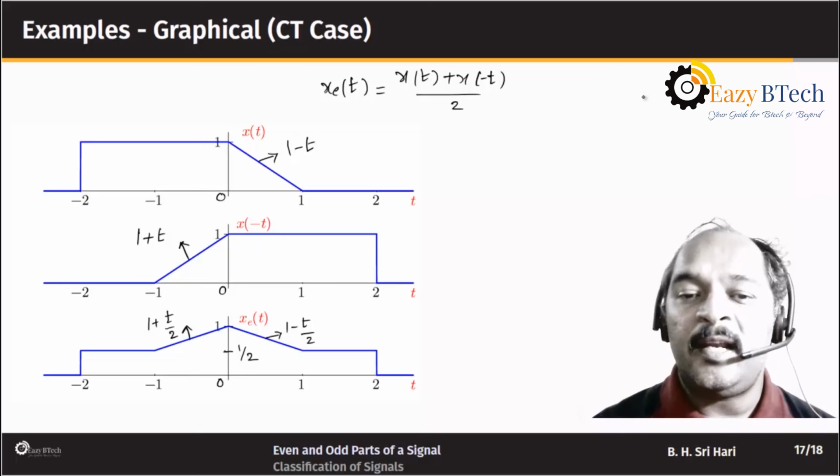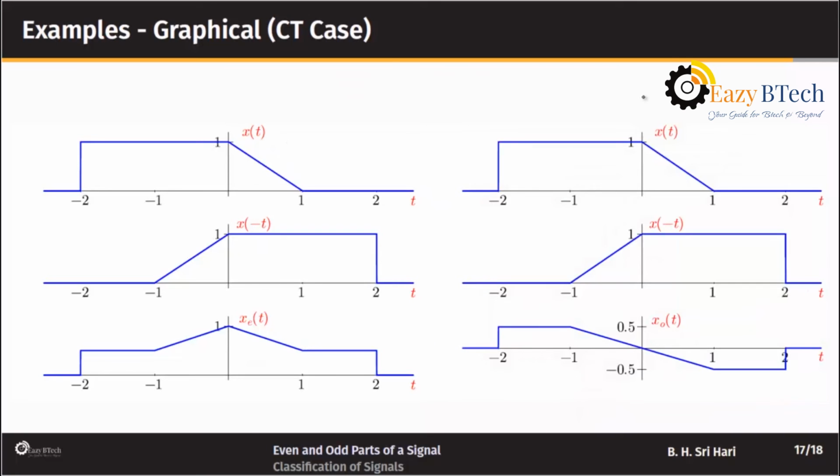Okay, so similarly, how do you find the odd part of a signal? We have plotted the even part of a signal, and how do you plot the odd part? We need x of t minus x of minus t by 2. We have to subtract x of minus t from x of t. So you can see from minus 2 to minus 1, x of t is how much? 1. Correct. So from minus 2 to minus 1, that amplitude is 1, and from minus 2 to minus 1, this fellow's amplitude is 0.